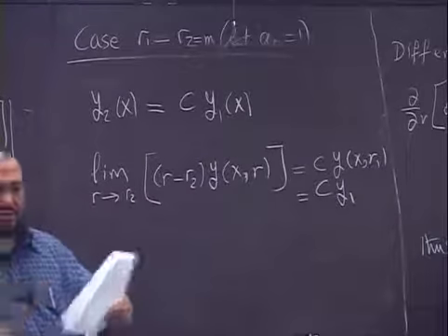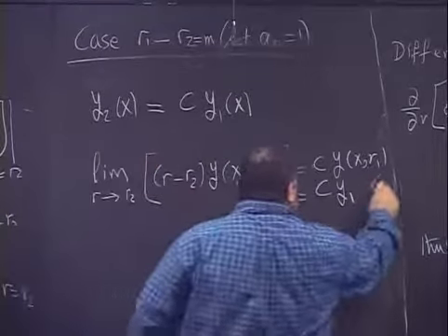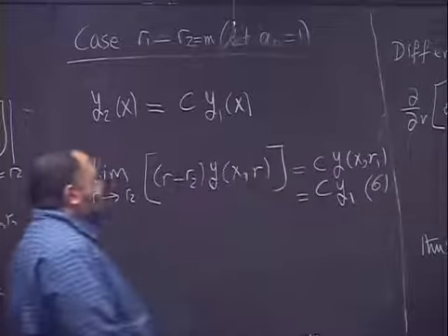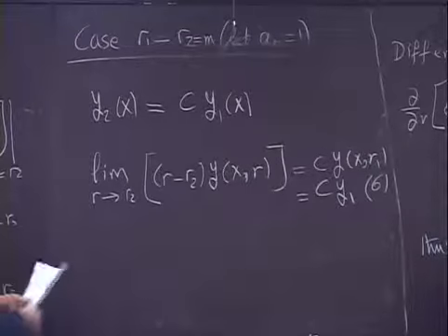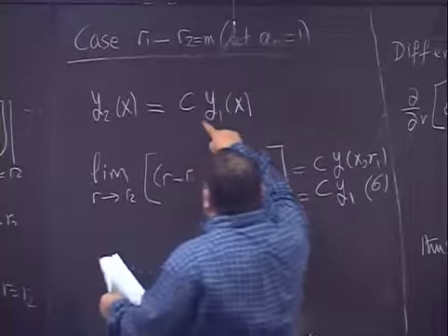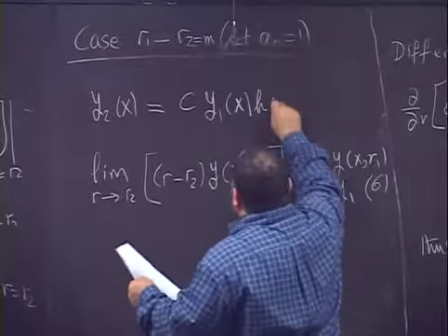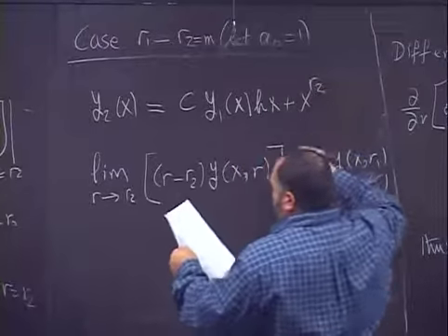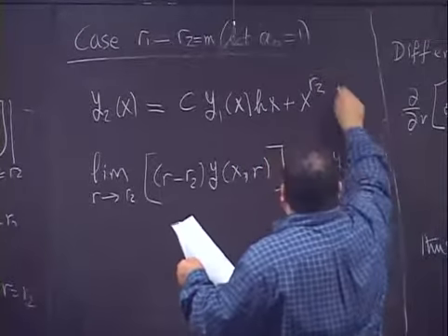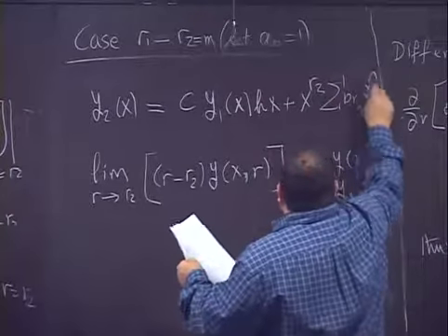I just stated this 2 minutes ago, and this is 6. Label this as 6. So it will not give you 0, because you have to take the limit when r goes to r1. So this will give you c multiplied by y1 multiplied by ln x plus x to the power of r2 multiplied by summation of bn x to the n.